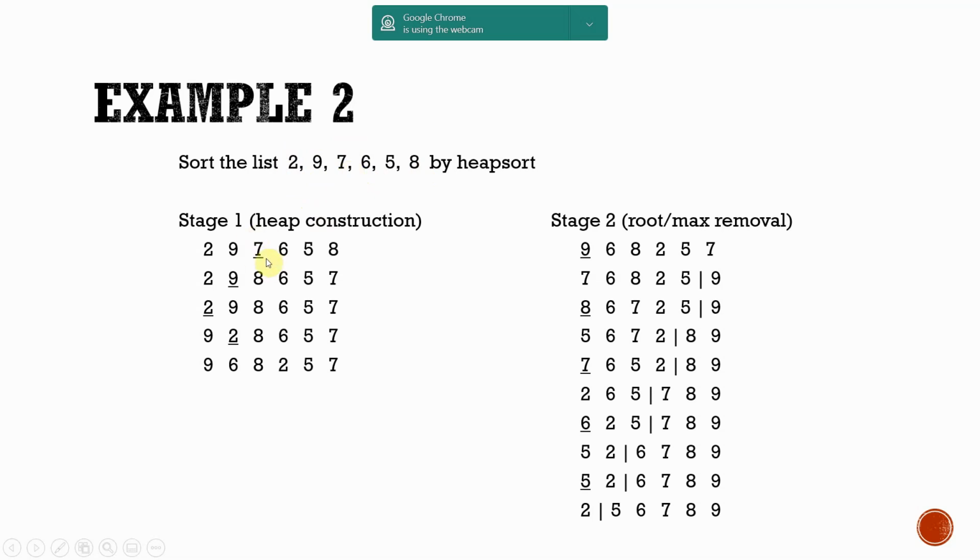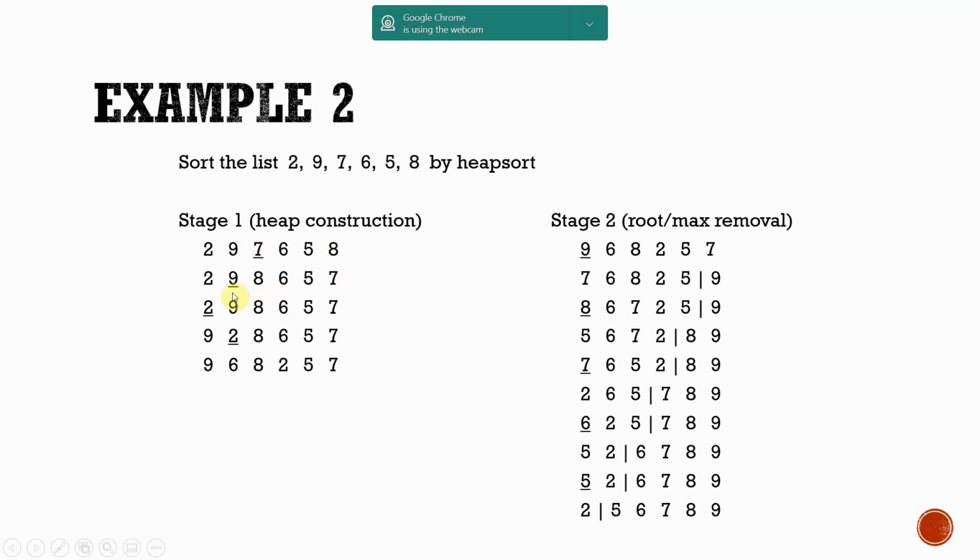So this is our last parent, right? So what we have to do is compare this node with its children, right? We do the bubble down approach, right? So after that, 7 is going to move down here, and we have 8, 6, 5 here, so 8 goes up here.